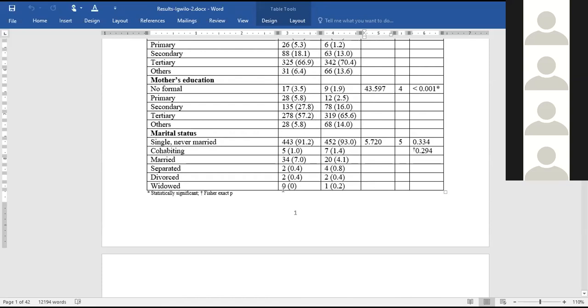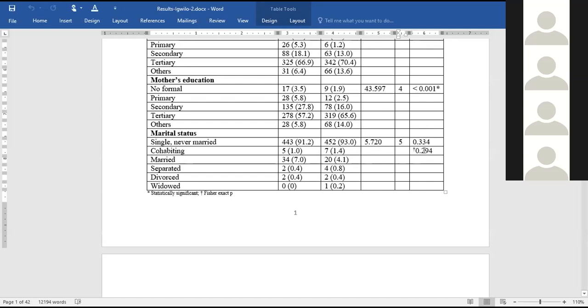You will know that these cells, including all of these, can you see now? Maybe all these 6, up to half of the cells, have expected value less than 5. So that is 50% of the cells. Here we have the chi-square column, the degree of freedom, and the P for chi-square.